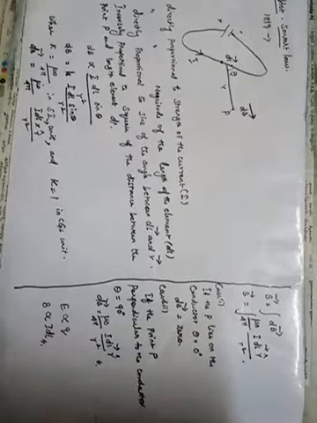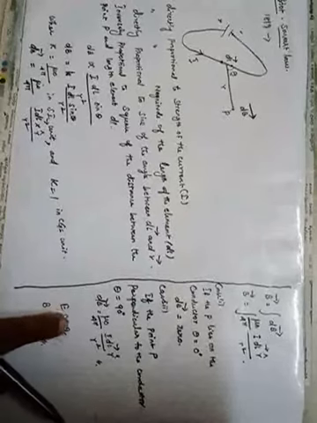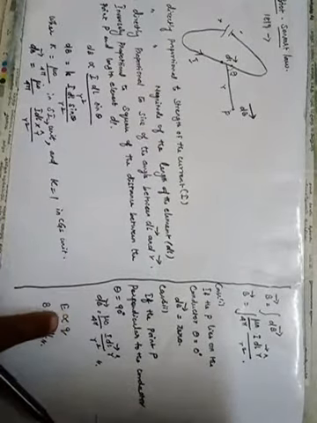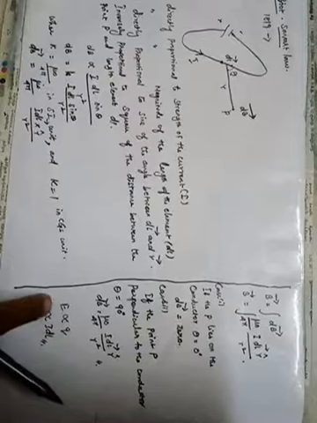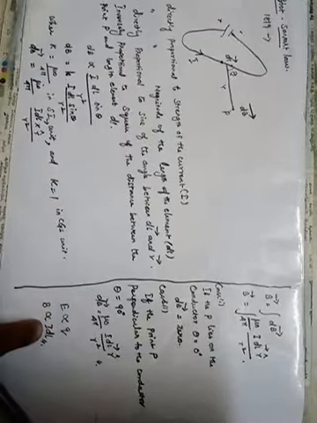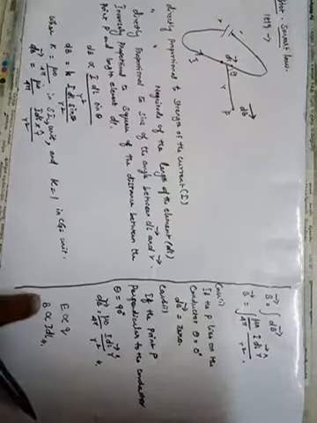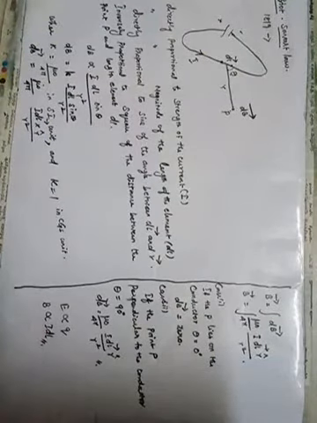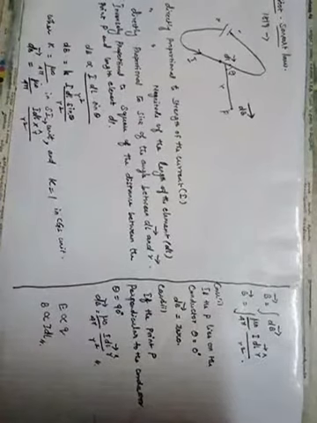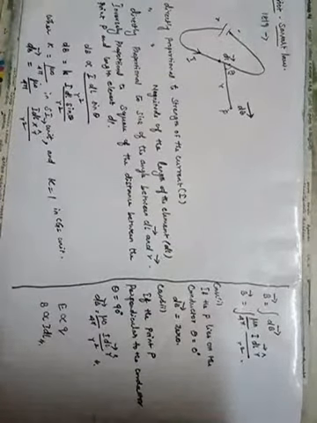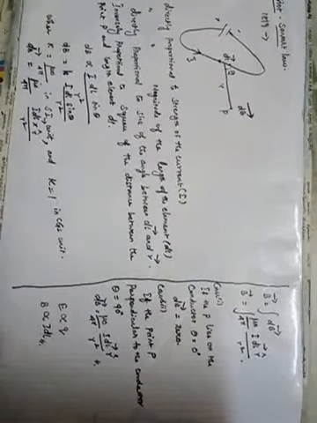The electric field is directly proportional to the charge. The magnetic field depends upon the current passing through the conductor and the elemental length dl, so we can write B is directly proportional to I dl. These are the similarities between Coulomb's law and the Biot Savart law.